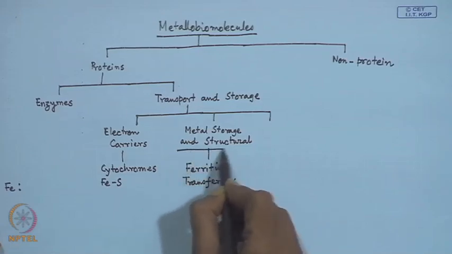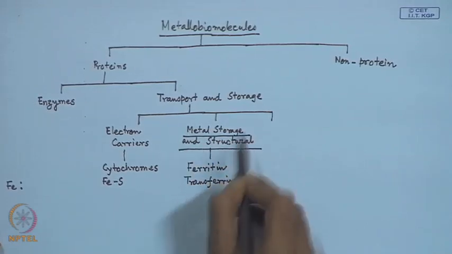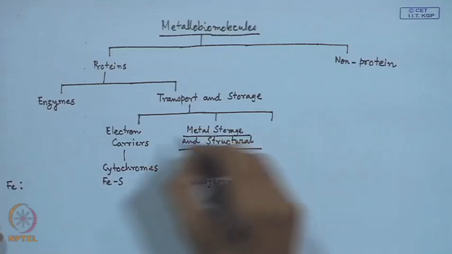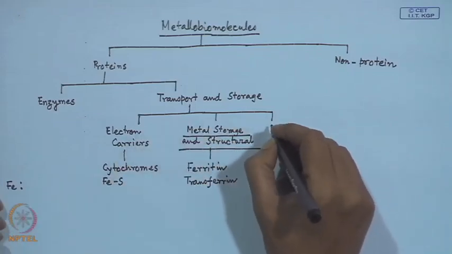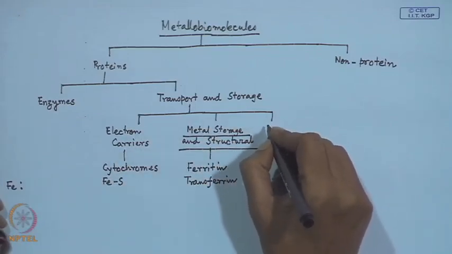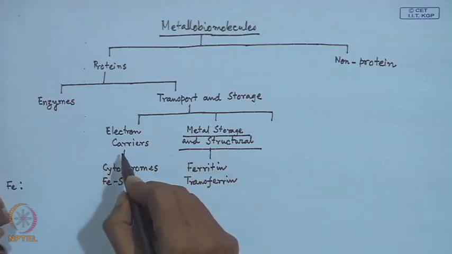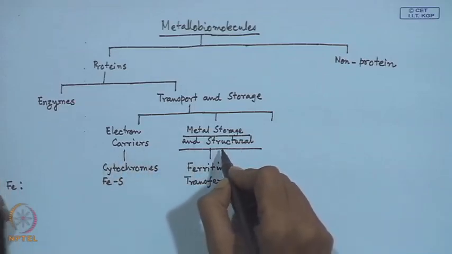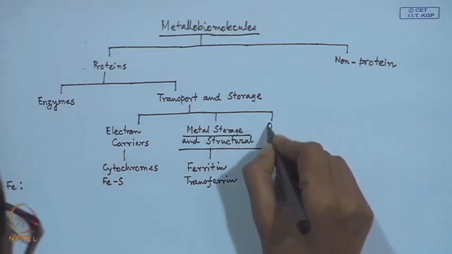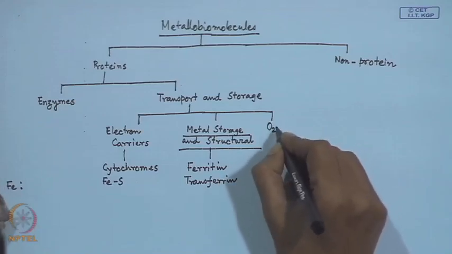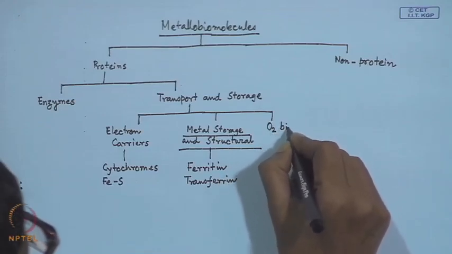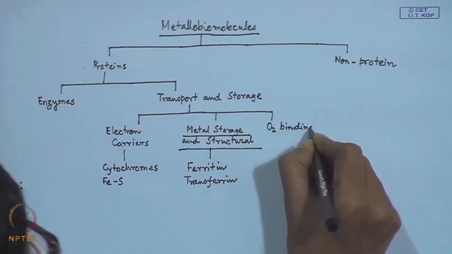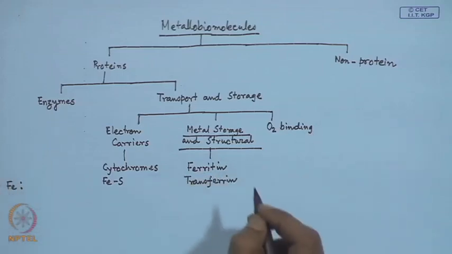This will be discussed next. And for completion of this transport and storage, with respect to electron carriers, with respect to metal storage and structural, the third one is O2 binding, which we all know a little.